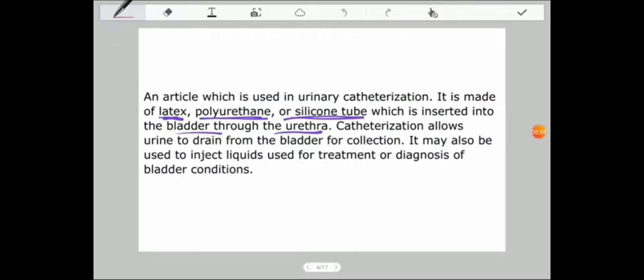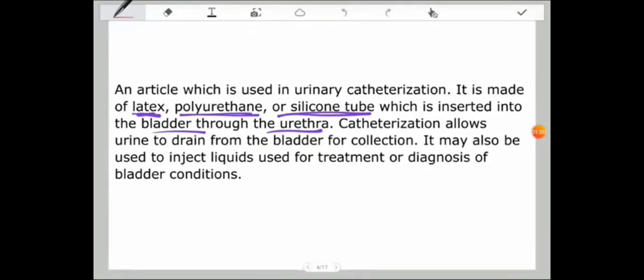So here we go. It is an article which is used in urinary catheterization. It is made up of latex, polyurethane, or silicone tube which is inserted into the bladder through the urethra. So if these are the kidneys, be aware of my bad drawing.